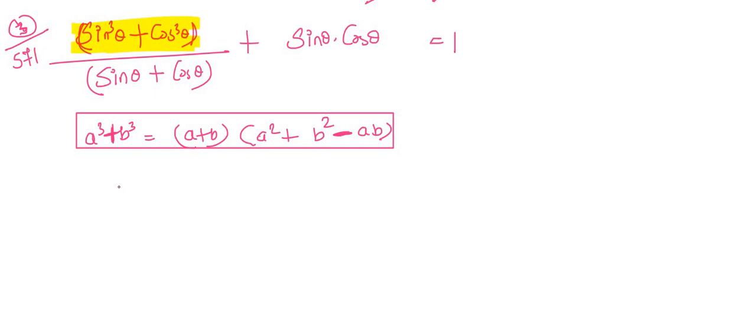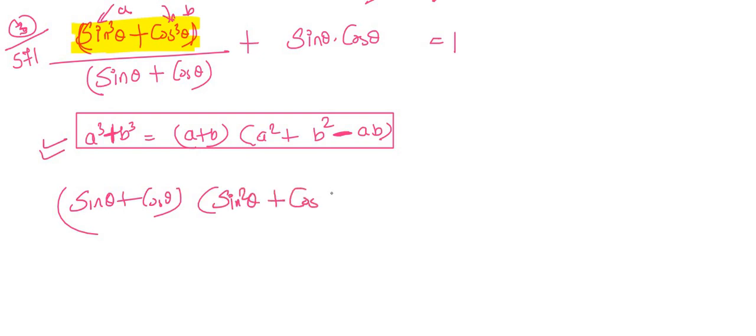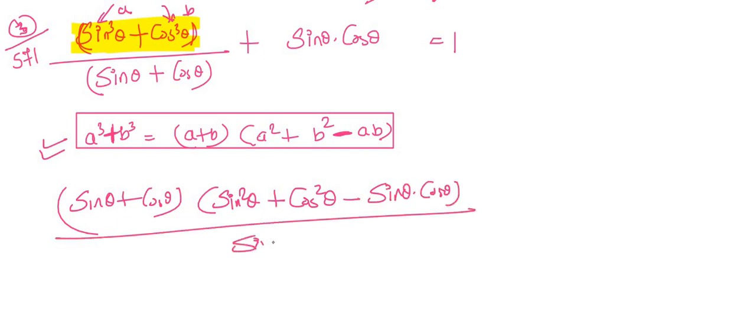Okay, so what will we get? Sin theta cos theta into, because I am assuming this is a and this is b, to apply this, so this will be sin square theta plus cos square theta minus sin theta cos theta by sin theta plus cos theta.